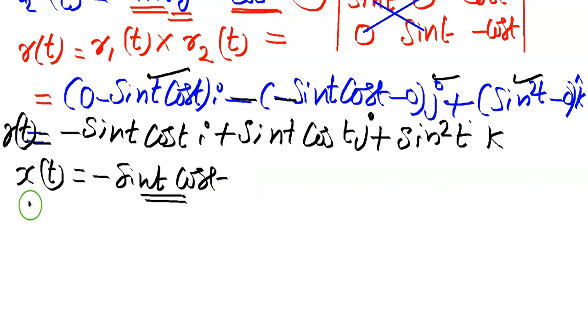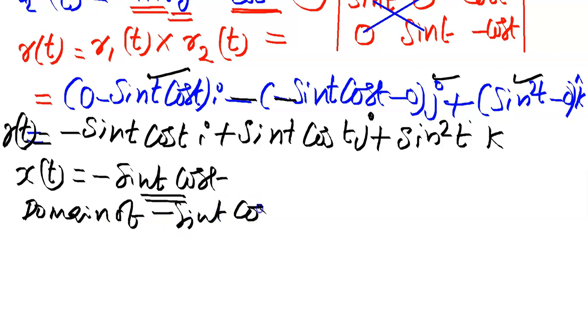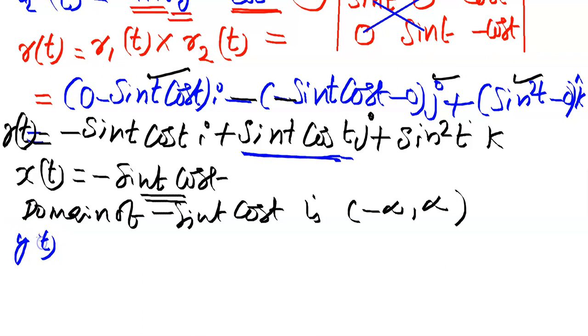Therefore, the domain of minus sin t cos t is minus infinity to infinity. Y of t is equal to sin t cos t. Sin t is defined for all values of t and cos t is also defined for all values of t.